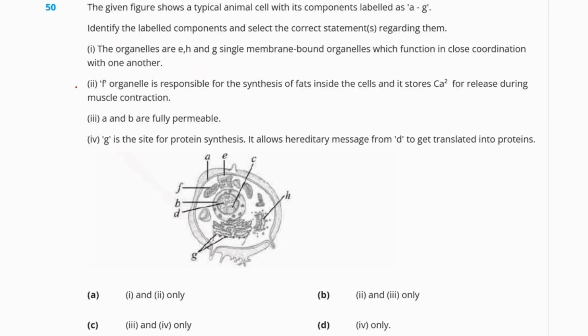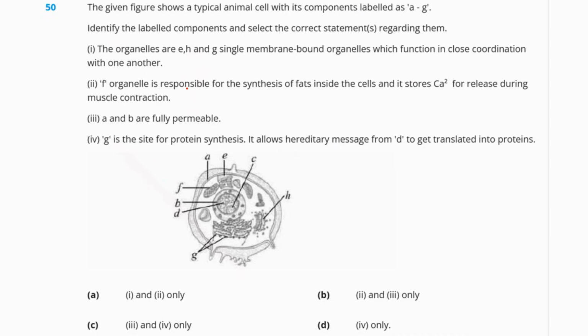Question number 50. So here, first we have to see from this picture. Okay, first let's read the question. The given figure shows a typical animal cell with its components labeled A to G. Identify the labeled components and select the correct statement regarding them.